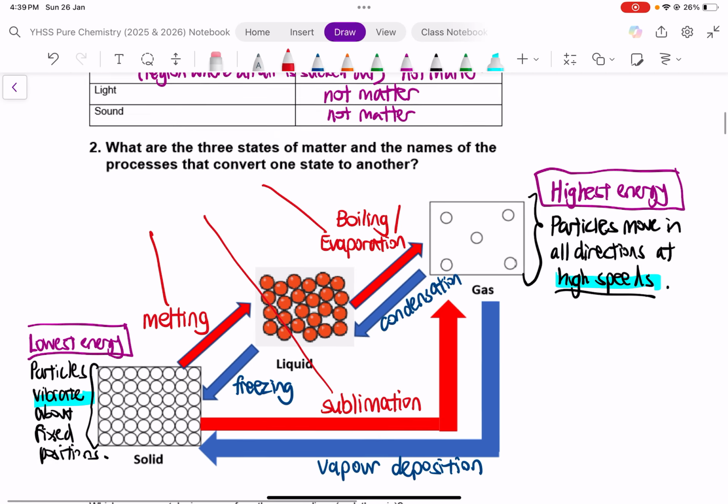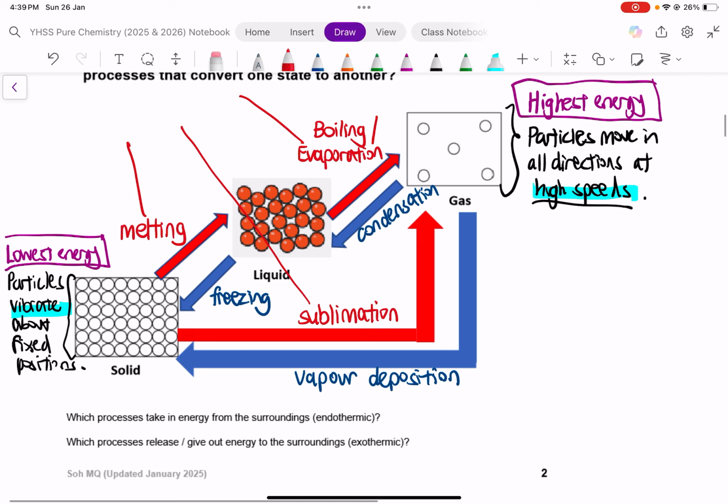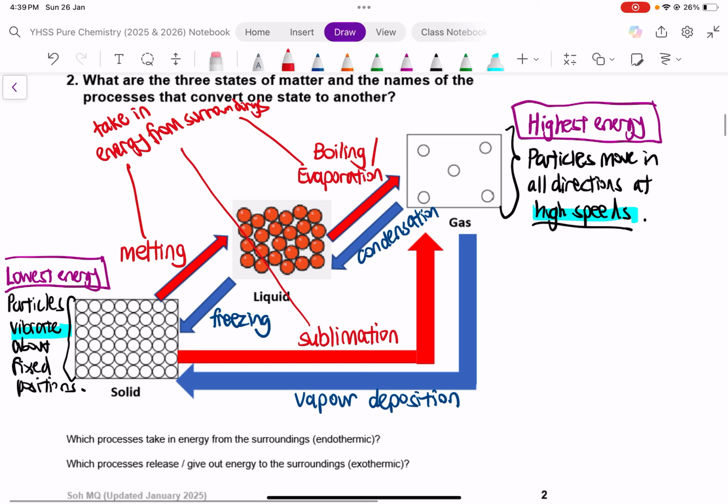This means that the substance takes in energy from the surroundings. They have to take in energy from the surroundings such that the energy level of the substance has increased. Now, there's a name for this.